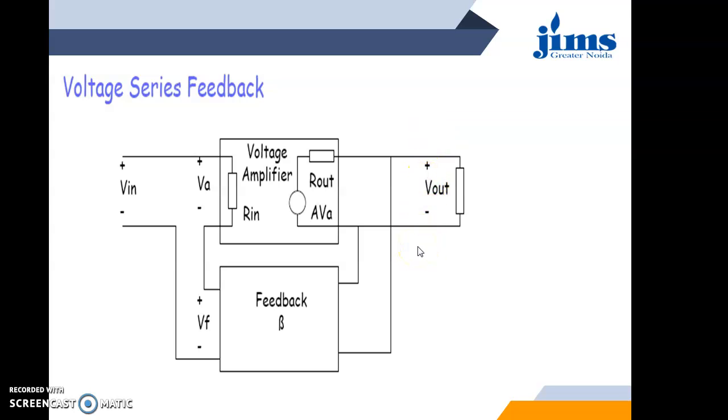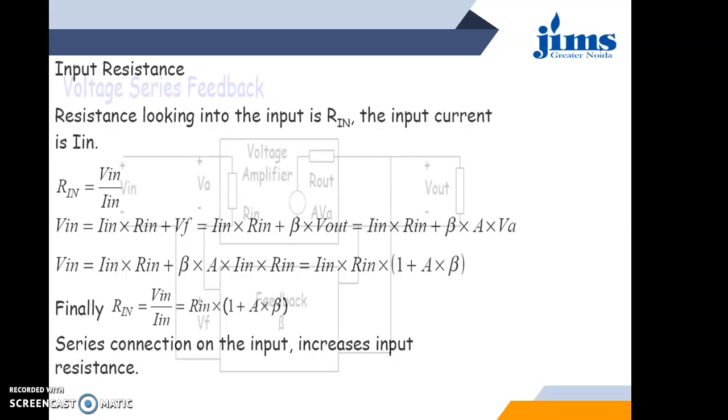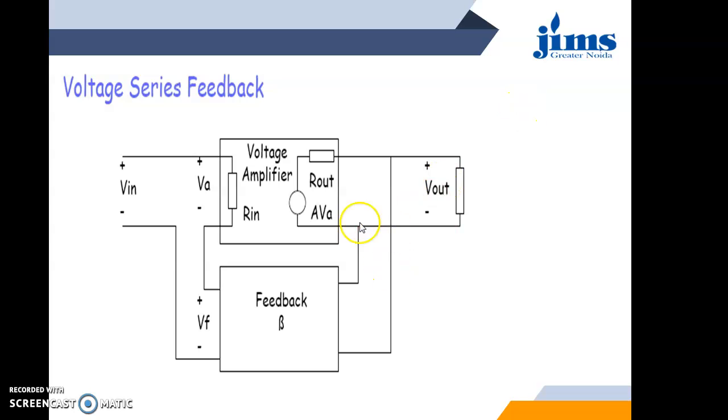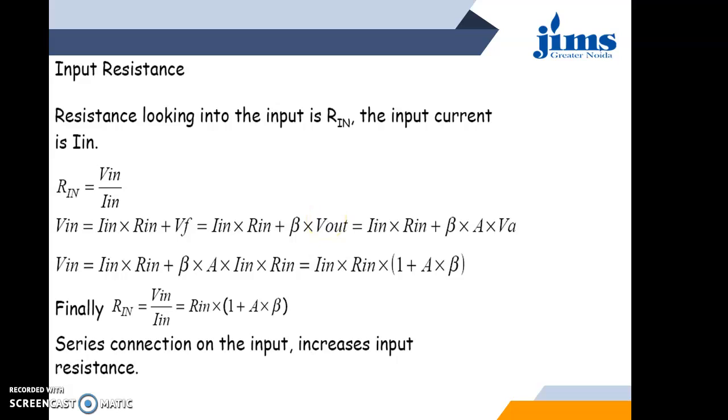So Vf is beta Vout, and Vout is nothing but A into VA. Output voltage is again gain into input, where gain is A and input voltage is VA. So if we put all the values, we get Vin equal to In Rin plus beta A In Rin, which is In Rin into 1 plus beta A.